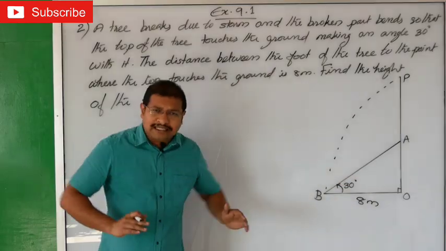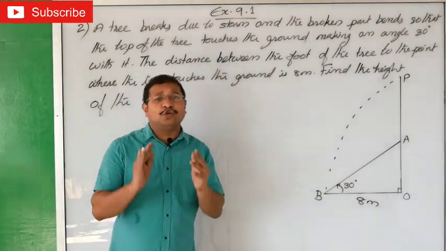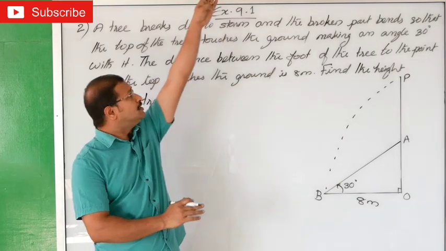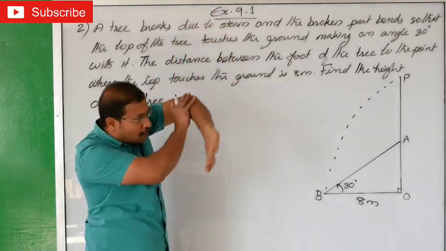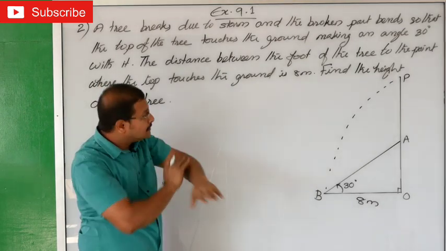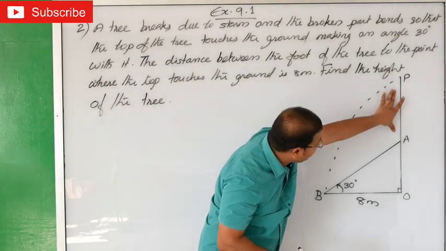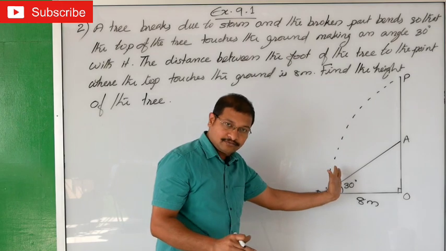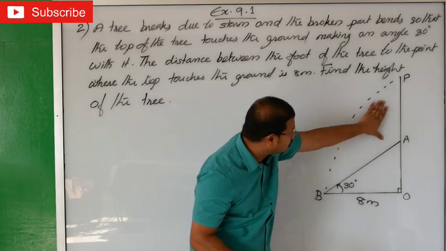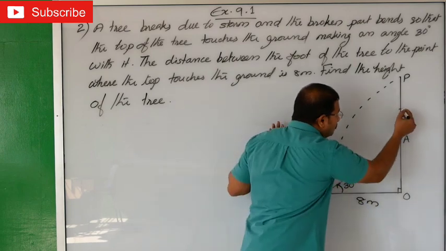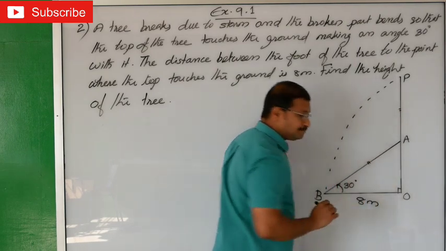Ready? Next one. What is given here? A tree breaks due to storm. Suppose this is a tree. If it breaks, what will happen? The same piece falls down. Got it? That means this PA falls to this side. This part breaks and comes to here.